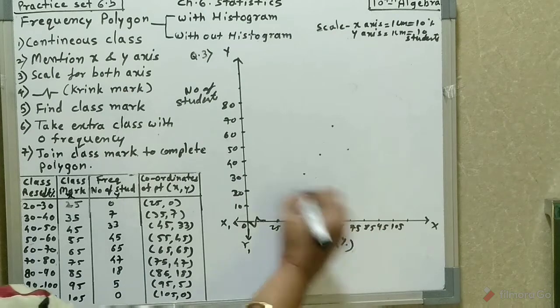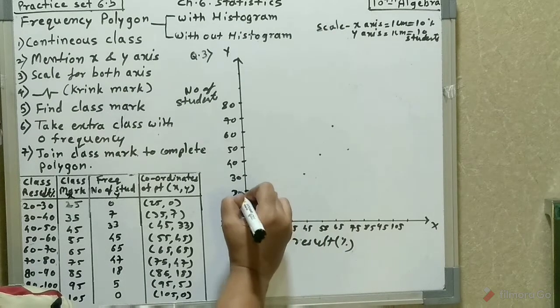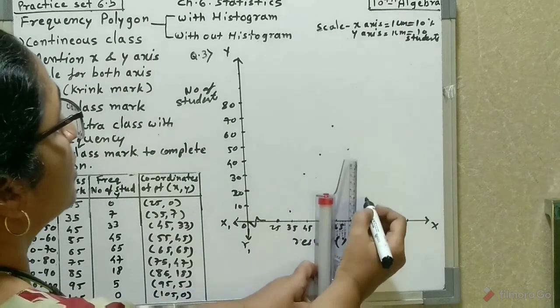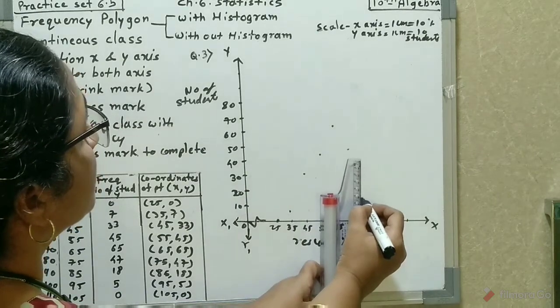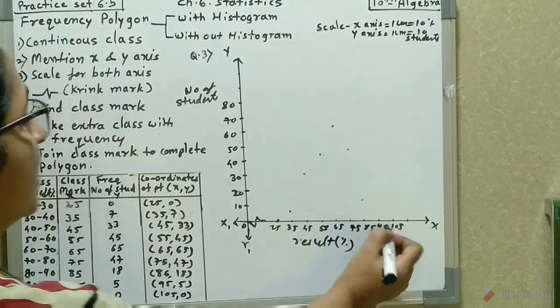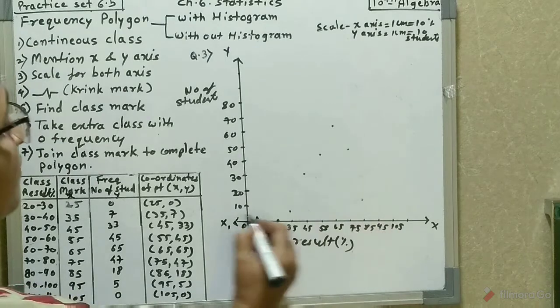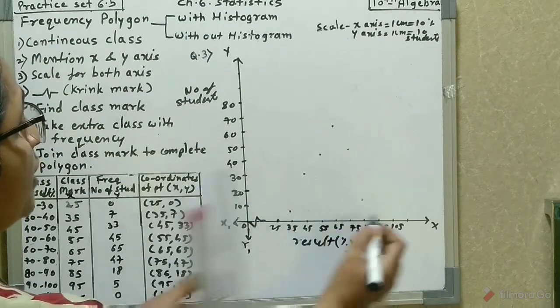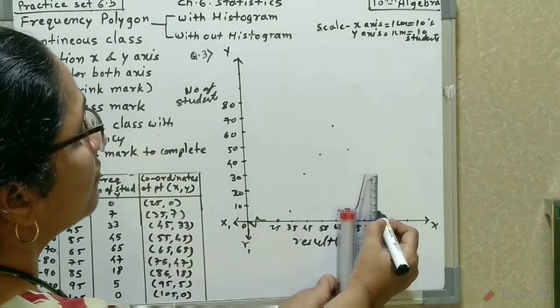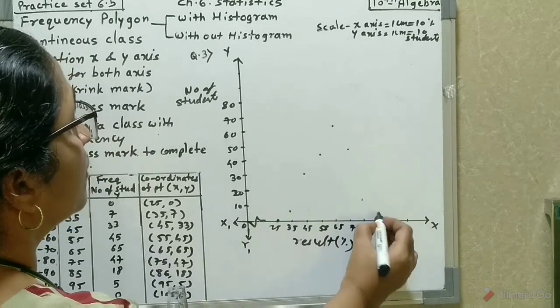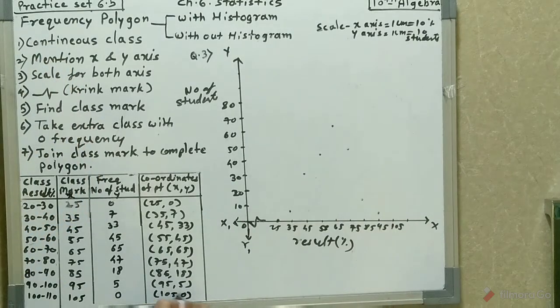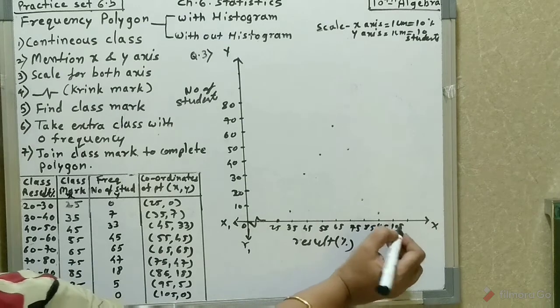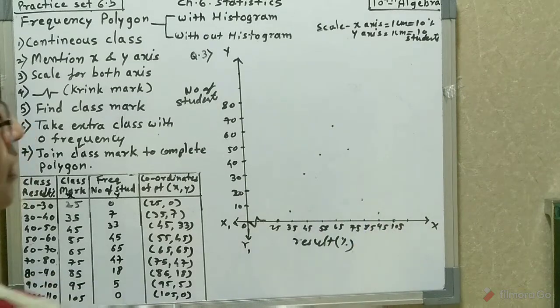So this is 85 and 18 means between 10 and 20, the second last line. So 18 is here. Then 95, 5. 95 here and 5 between 0 and 10. And then the last one, 105 and 0. So 105 on the x-axis, 0 on the y-axis. So this is our last one.